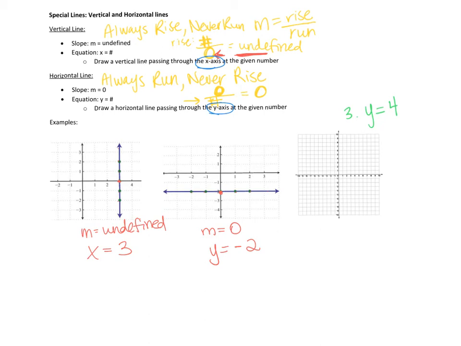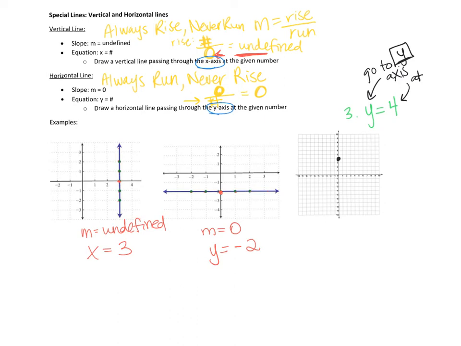But this only has one number. So what it's trying to tell me, when there's only one number, is to go to the axis. We're going to go to the y-axis because they gave me the y letter. So I'm going to go to the y-axis at 4 and I'm going to put a dot.